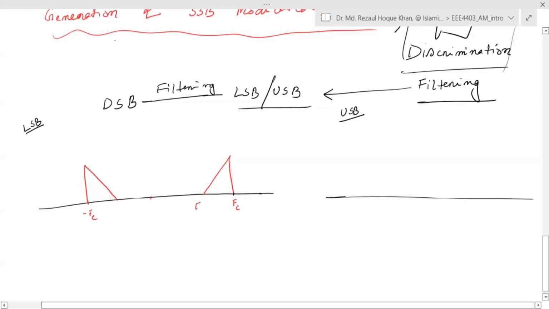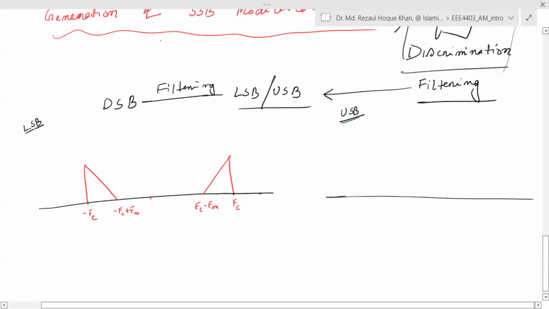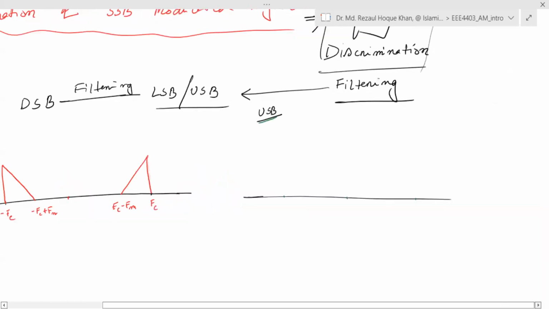This is FC minus FM, and this is minus FC plus FM in the lower sideband. In the upper sideband, we draw it this way.